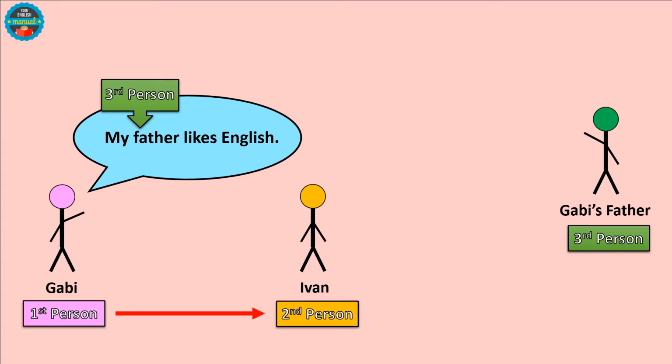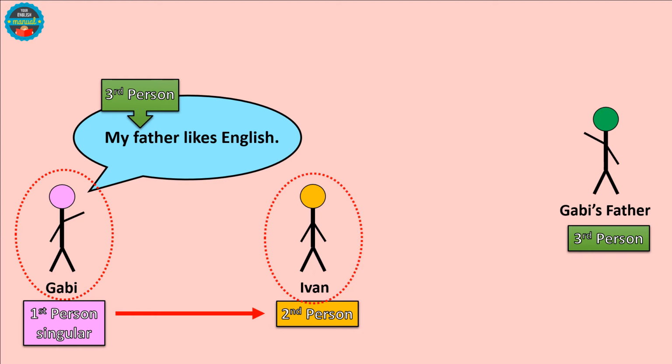Well, in the example that we gave, since I am only one person, I am called the first person singular. Similarly, since you are just one person, you are called the second person singular. And also, since my father is only one person, he is called the third person singular.